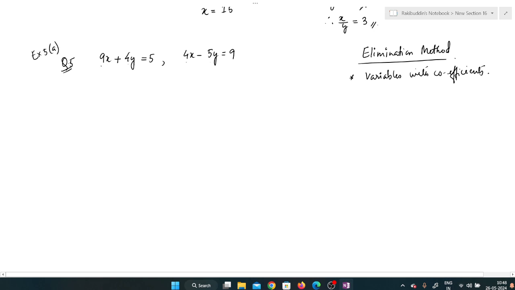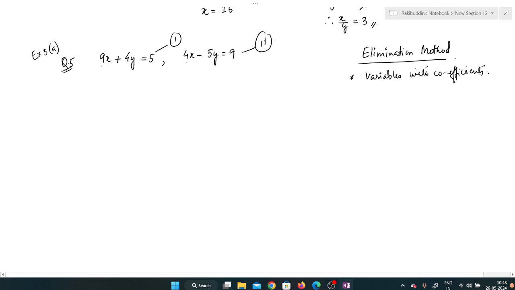Now in this case, suppose I want to eliminate x. You can choose any one variable. This is my equation 1 and this is my equation 2.